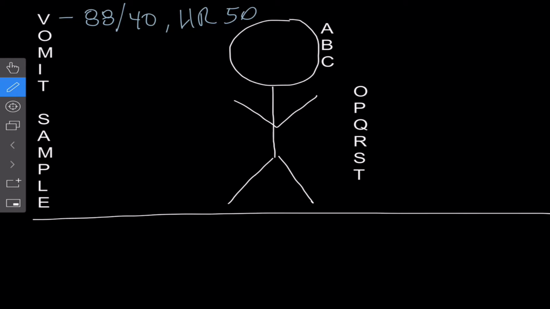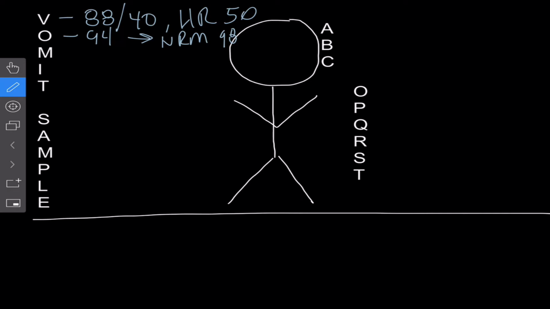So that would be something you'd write down there. For oxygen, you want to make sure you write down the room air sat and then put a little arrow next to it that shows after oxygen administration.